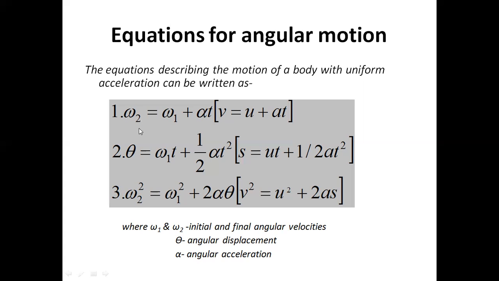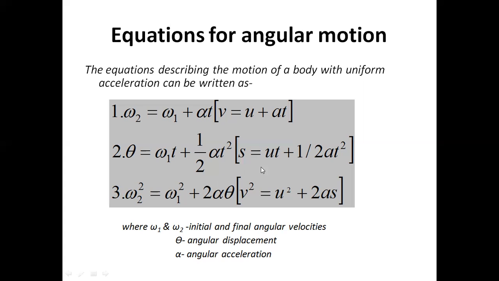The first one is omega 2 is equal to omega 1 plus alpha t, that is, v is replaced by omega 2, u by omega 1, and a by alpha. So omega 2 is equal to omega 1 plus alpha t is the first equation for angular motion.